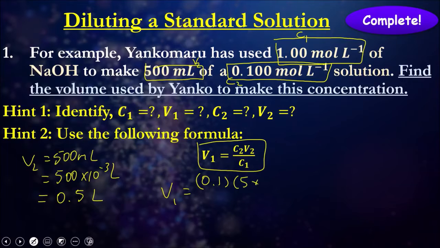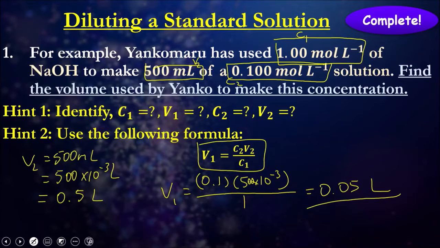Over C1, which is 1. So if you plug that into your calculator, have a look at what answer you get there. 0.05 liters. So if I had that in milliliters, that's around about 5 milliliters I had initially.